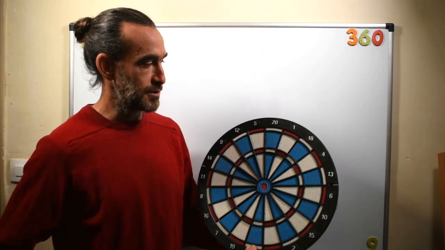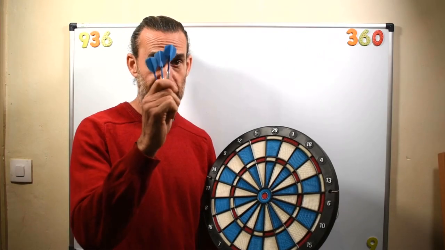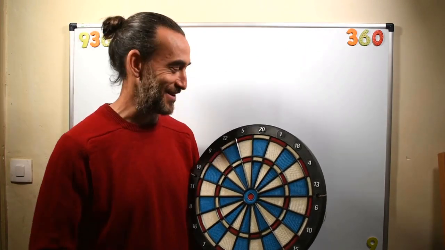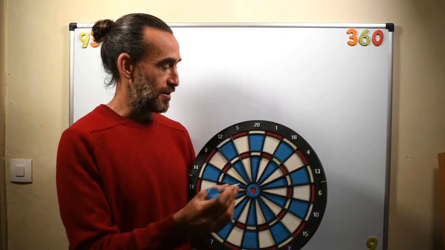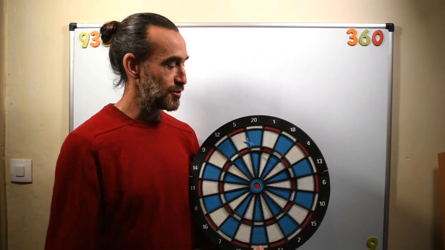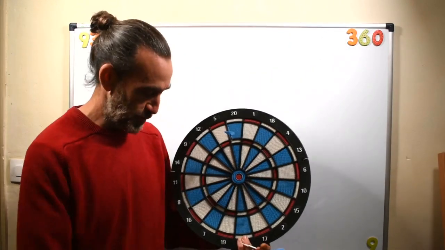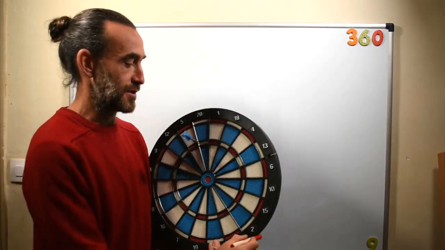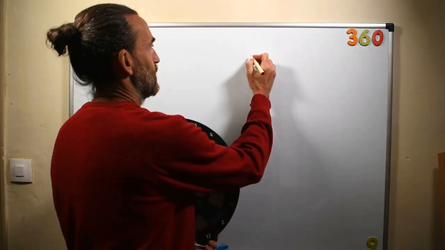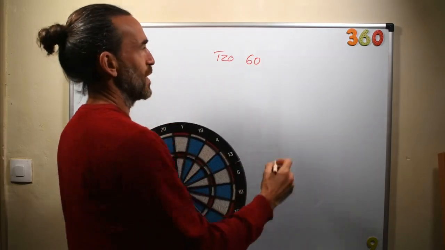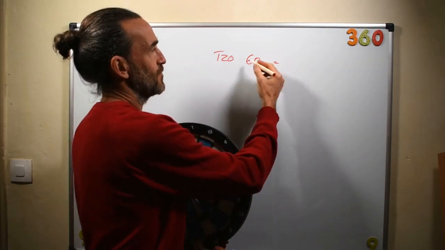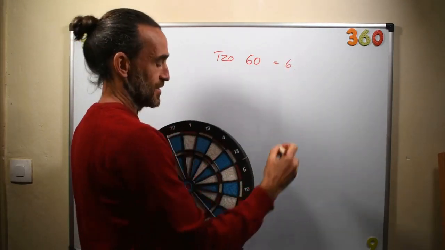The next thing to note is that when we play darts, each player gets 3 darts. 1, 2, 3. The maximum, the best possible outcome from throwing 1 dart is to land it in the triple 20. The triple 20 gives me 60 points, which obviously has a root number of 6.